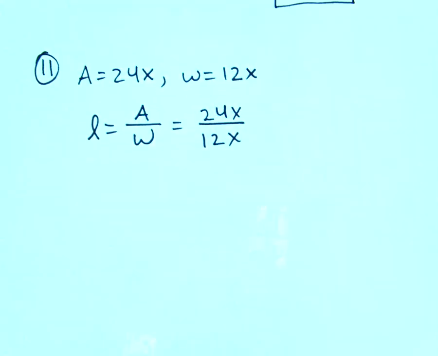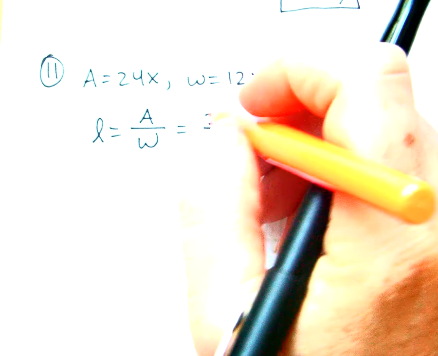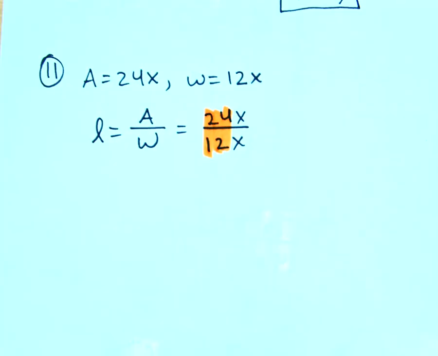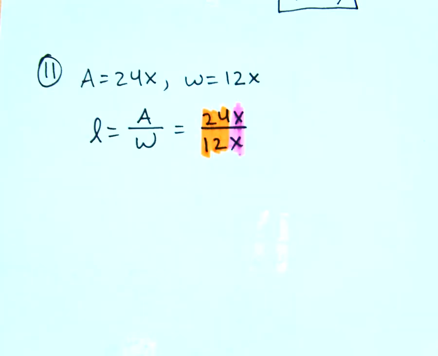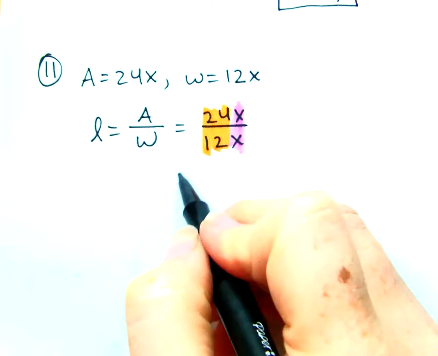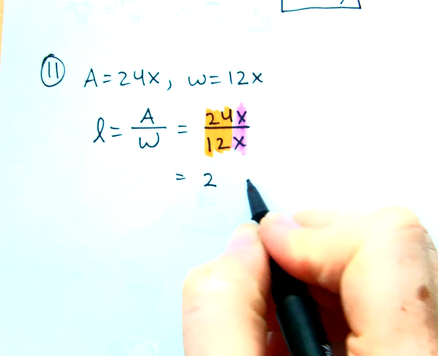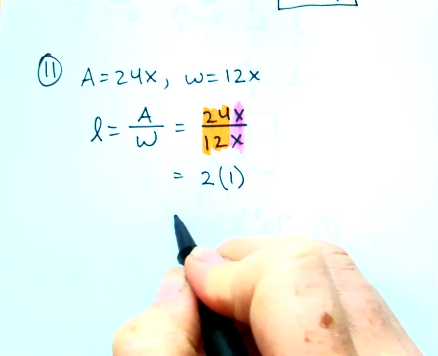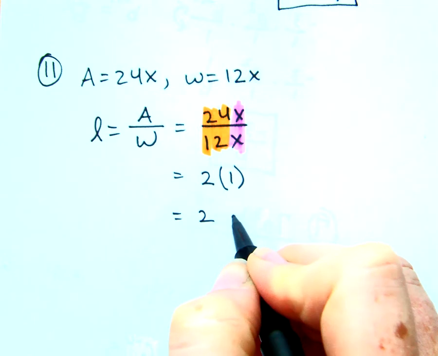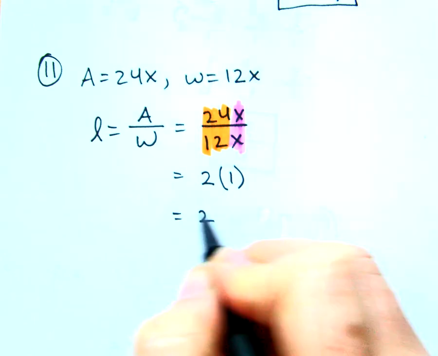And I think about these as separate pieces, right? So I divide 24 by 12 and I divide x by x. So 24 divided by 12 is 2, and x divided by x is 1. And so my answer to this problem is 2.